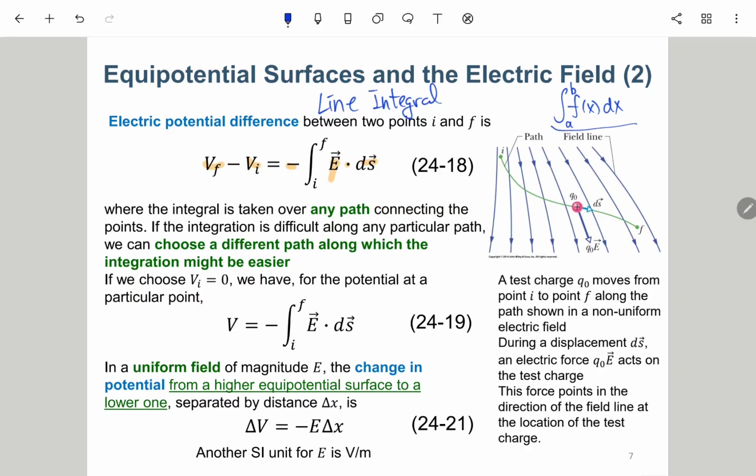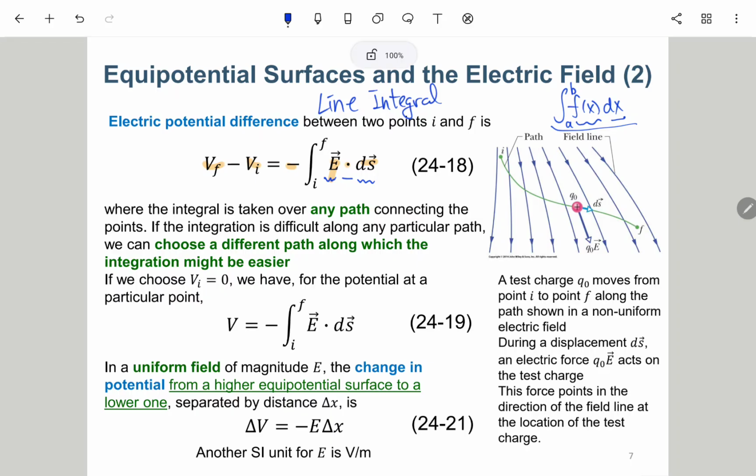In a single variable integration, you always integrate along the x-axis. This is a function of x, and dx is the integration variable. Here what is different is that this is actually an inner product. E field is of course a vector field, so this is also a vector, ds.